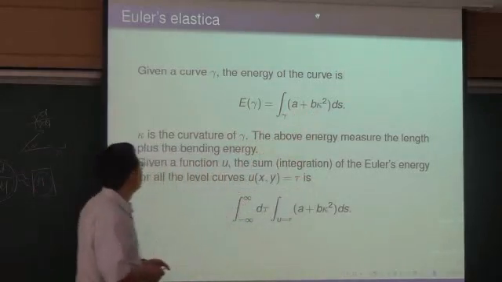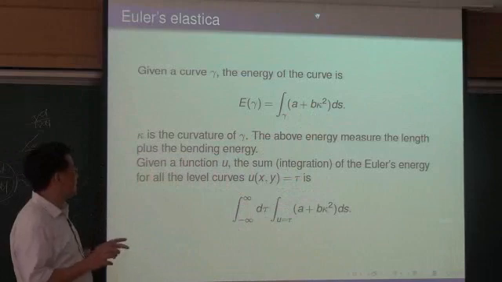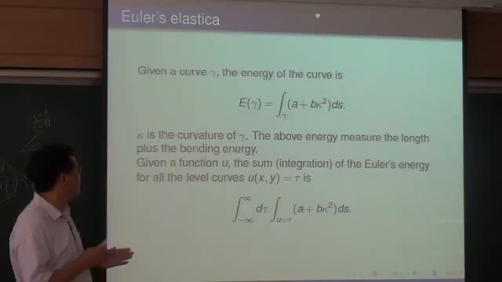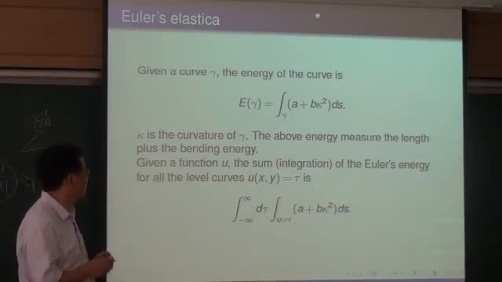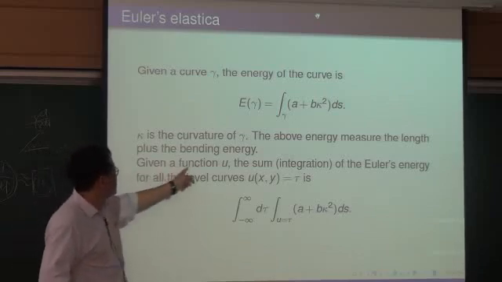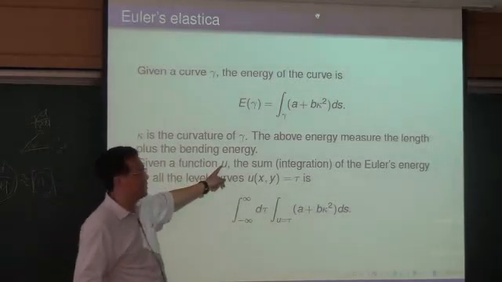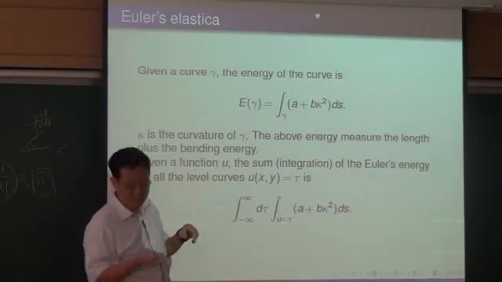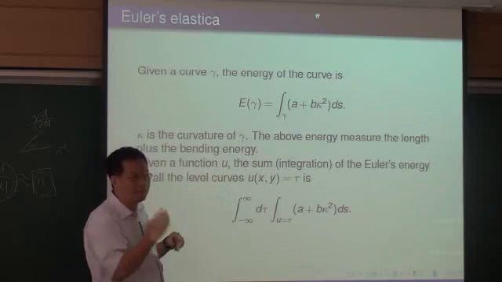Elastica has a lot of applications in mechanics. In mechanical engineering there is a lot of simulation for elastica. But for image processing, assume I give a function u which represents an image. If you cut the function, you get a lot of level curves.